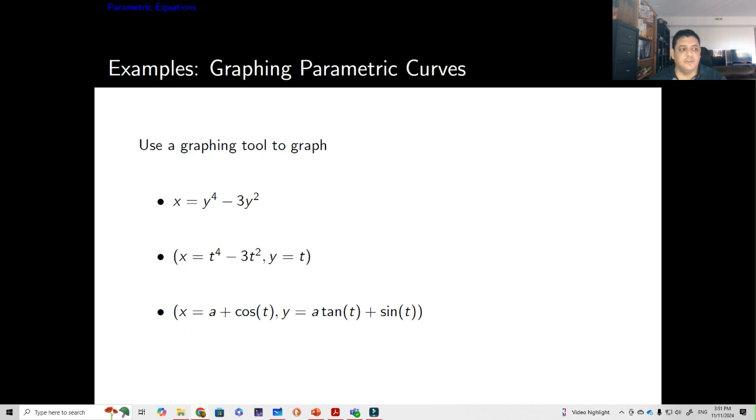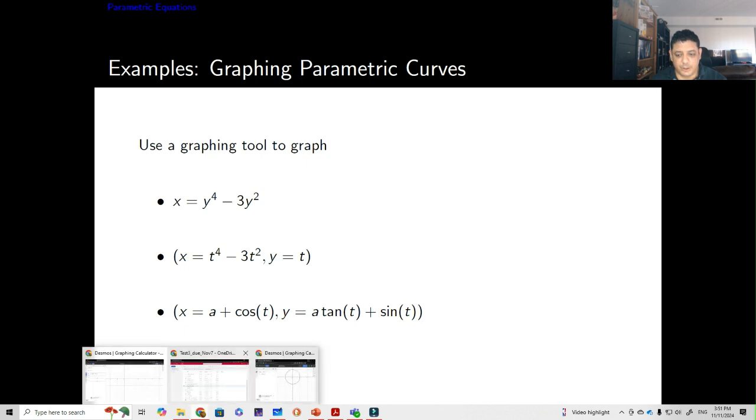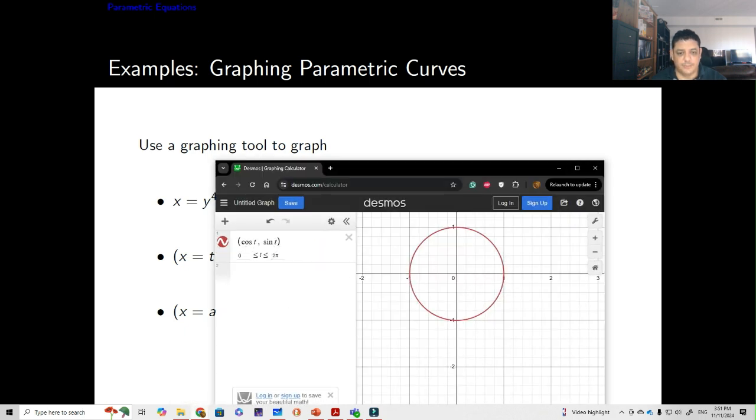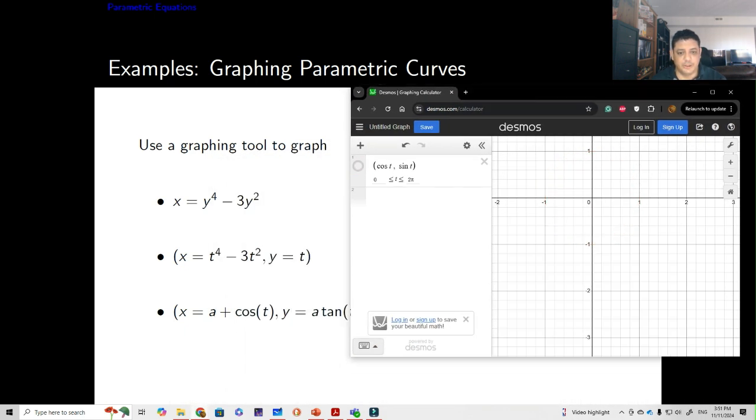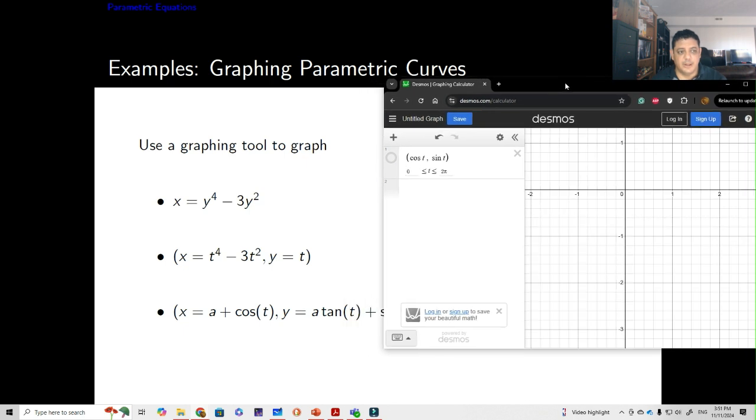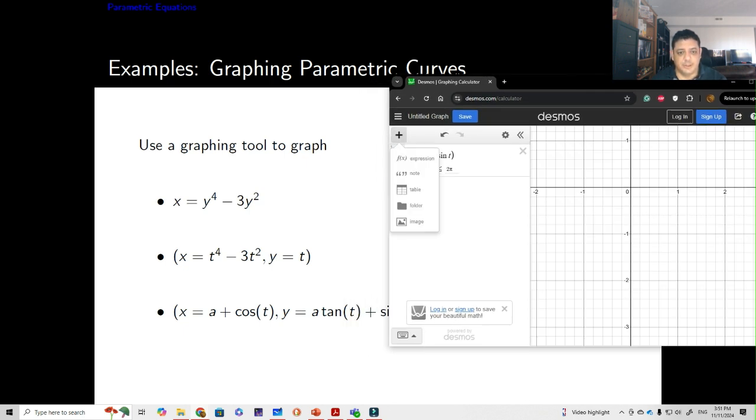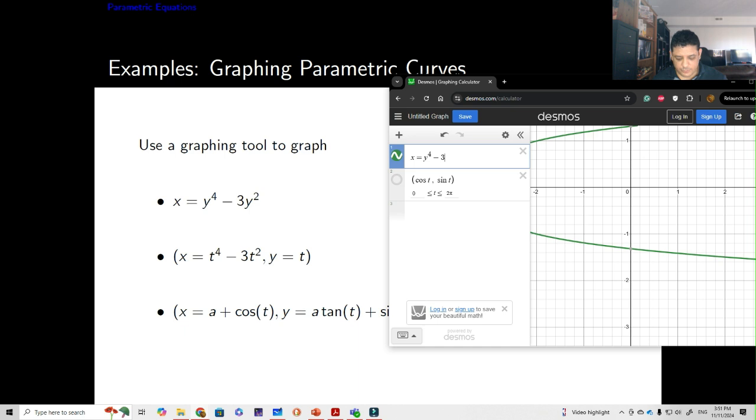Now let's use a graphing tool again to get some of these curves plotted. So we had this circle here, and this was a good example. But let's say we can try something else. For example, we have x equals y to the 4 minus 3y squared.